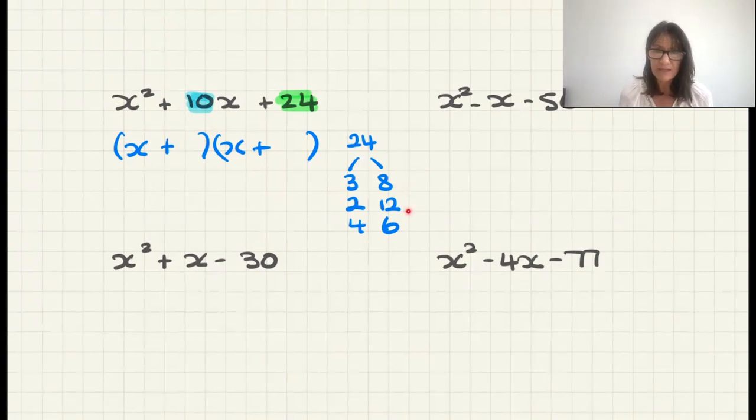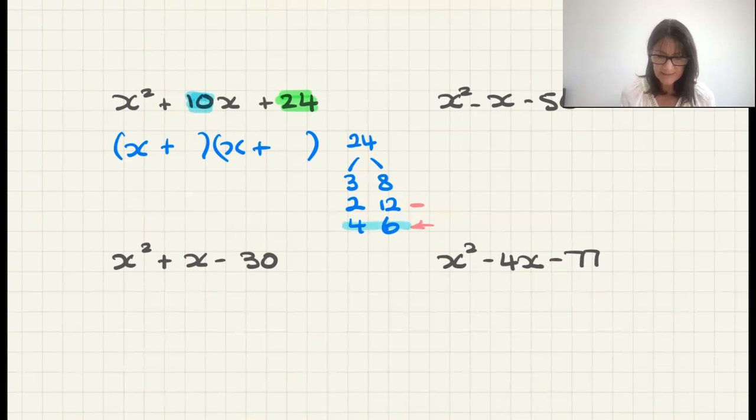That's not it. This could make me 14 if I added. It could make me 10 if I took away. This could make me 10 if I added, or it could make me 2 if I took away. So I've got a 10 in both of these, okay? But for this pair, that would make a 10 with a takeaway involved. But when I look at my brackets, I've only got positives in my bracket, okay? So I want the positive 10, which came from this one.